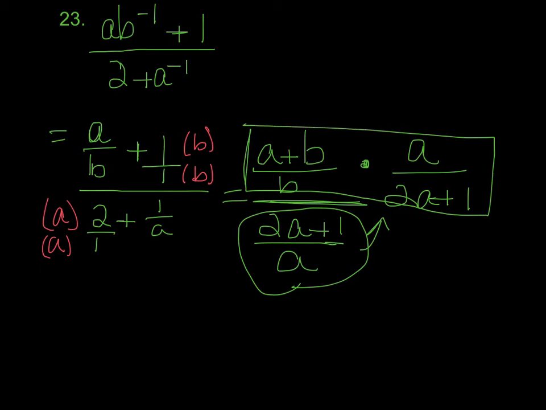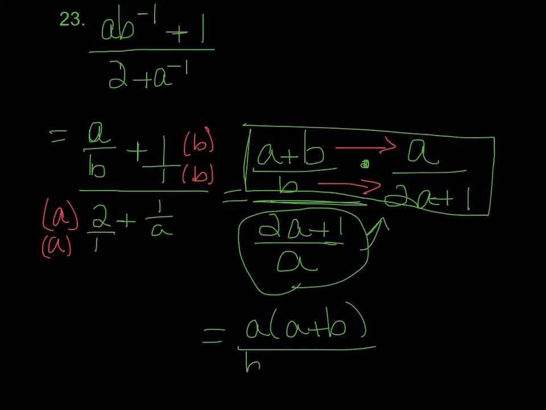When we multiply fractions, remember that we multiply across, numerator with numerator and denominator with denominator. So in the numerator, I'm going to have a times a plus b. And in the denominator, I'm going to have b times 2a plus 1. If you look at your 4 choices, that is choice 2.